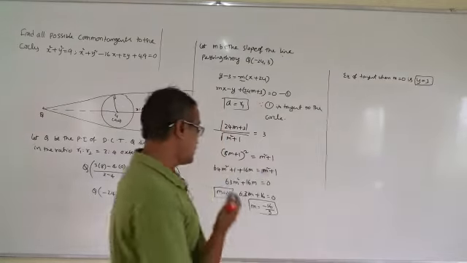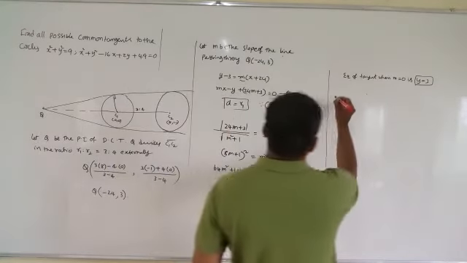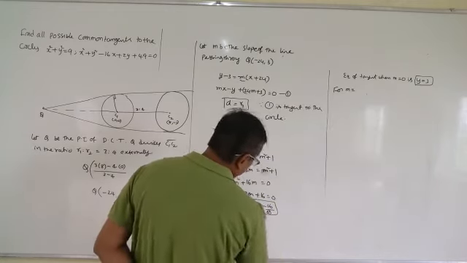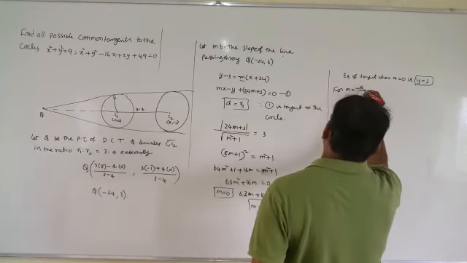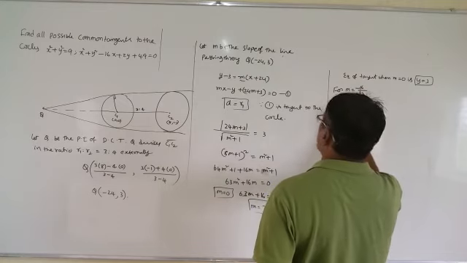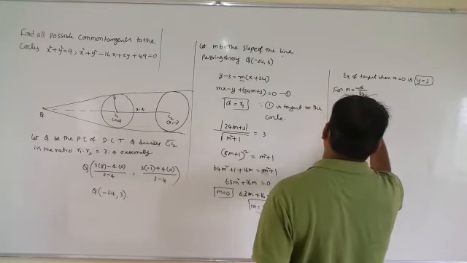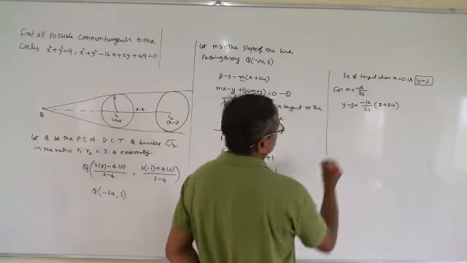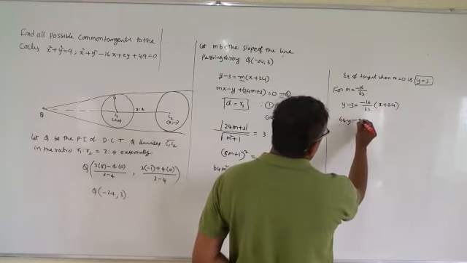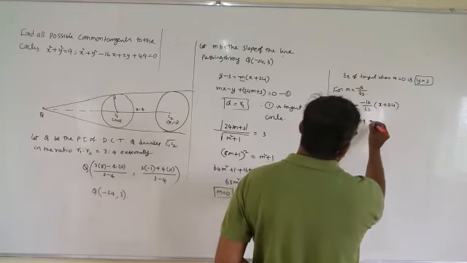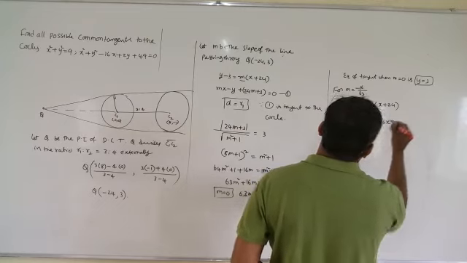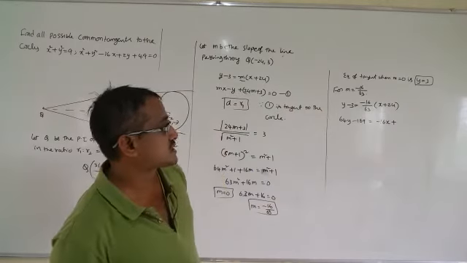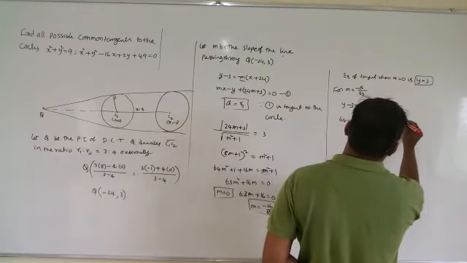Now for m is equal to minus 16 by 63, that is y minus 3 is equal to minus 16 by 63 into (x plus 24). So 63y minus 189 is equal to minus 16x minus 384.